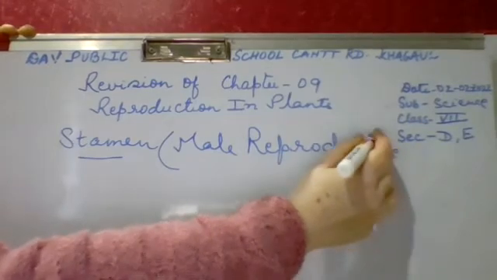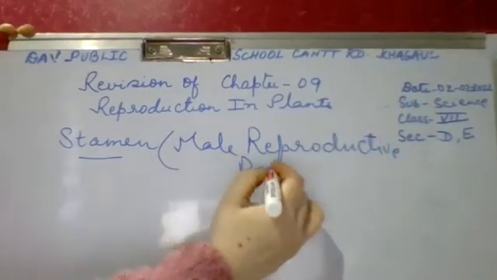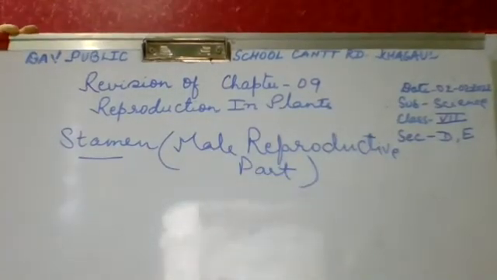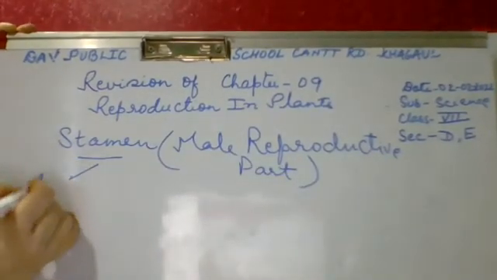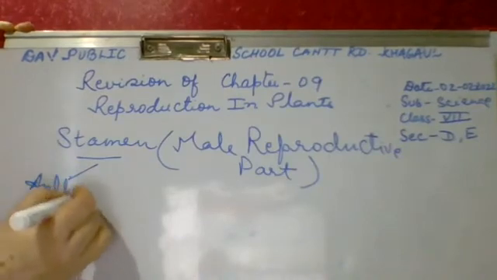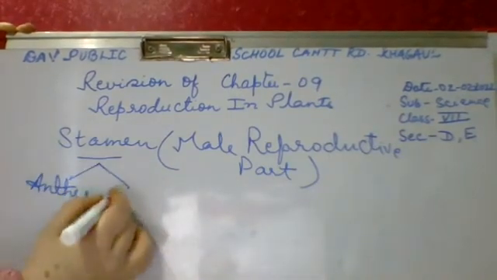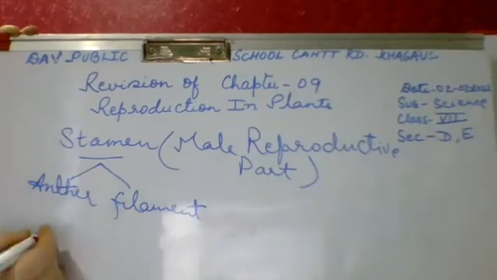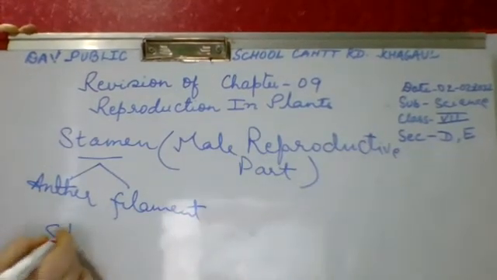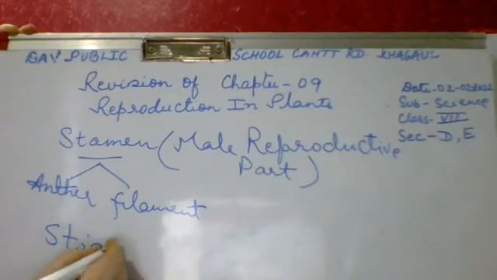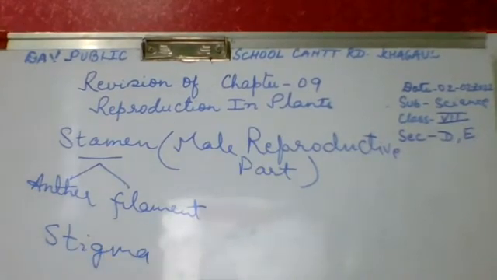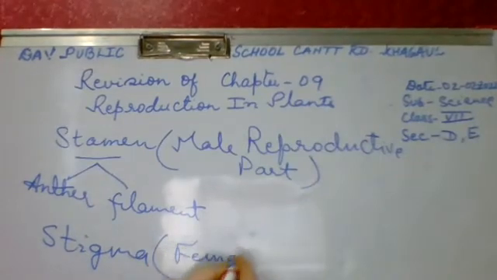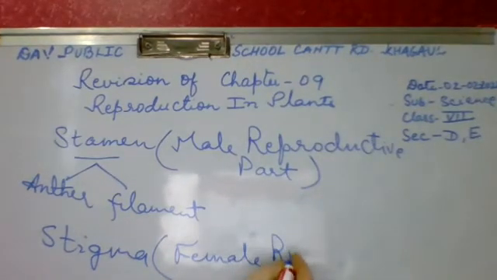What does it contain? Anther and filament. Anther, and the second one is filament. And stigma is your female reproductive part. Both start with S. Don't get confused. This is your female reproductive part.